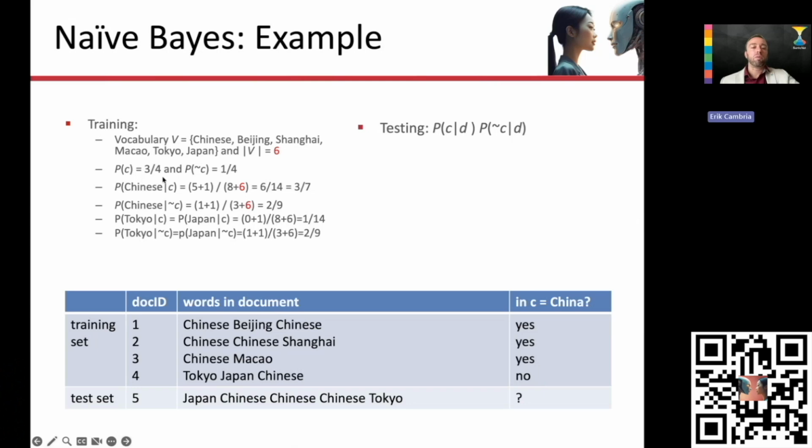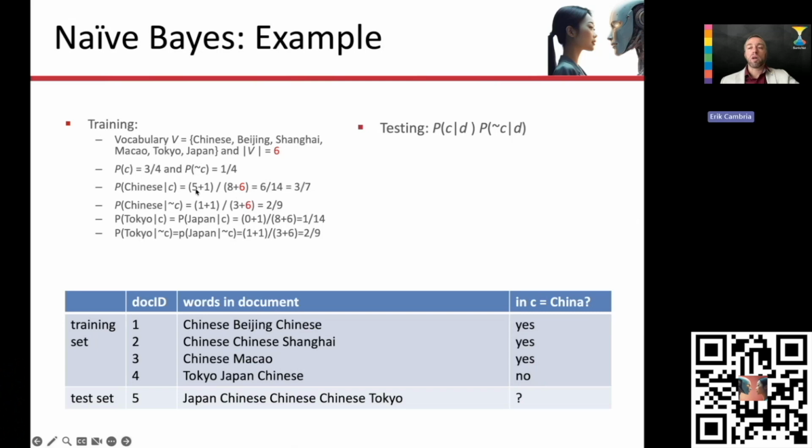So for example, the probability of the word Chinese belonging to class C is 5, because I have the word Chinese 5 times in all the documents that belong to the class China, divided by 8, because that's the total number of words in the documents that belong to class China.